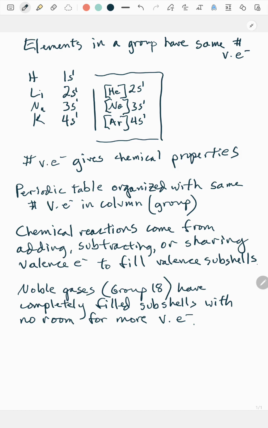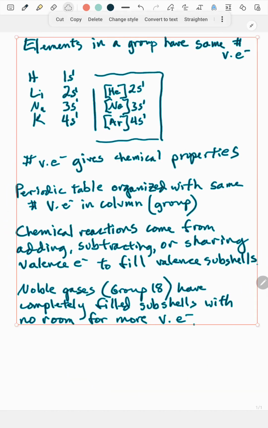Now, to help us understand how these valence electrons react, we're going to use something called electron dot symbols. I'm going to start over with a fresh page here. Electron dot symbols. This is 2.7b in your textbook.